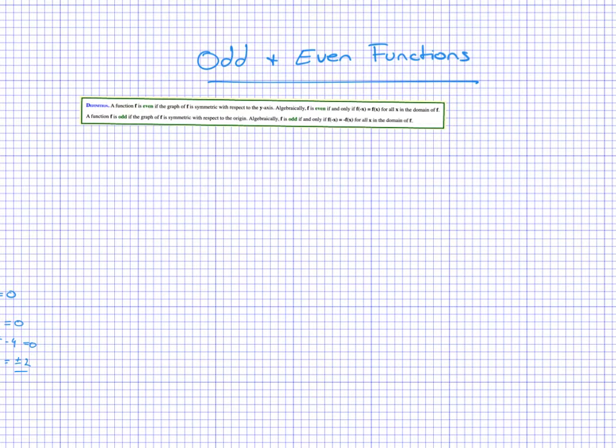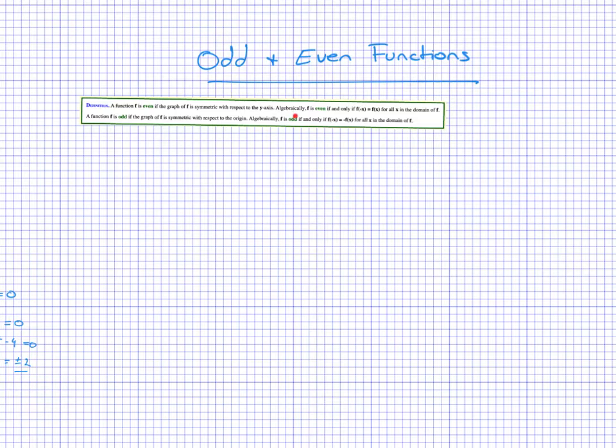All right, now to finish off a few lessons, we're going to have a look quickly at odd and even functions, and there's a specific reason we bring it in here, because it can make it easier for you to sketch graphs if you know if a function is odd or even. The textbook definition is that a function f is even if the graph is symmetric with respect to the y-axis.